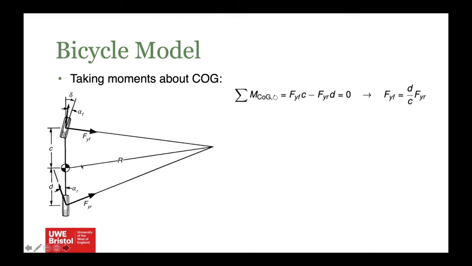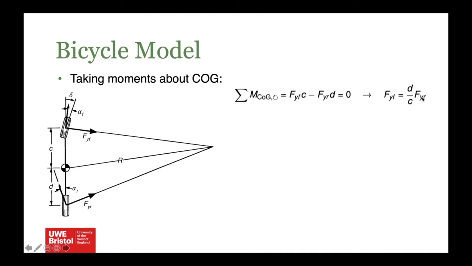Okay, that's trying to rotate the vehicle in a clockwise direction, minus FYR times by distance d. So that's this one going in this direction, anti-clockwise. And so obviously that must equal 0, because otherwise the vehicle will just be spinning around on the spot. Okay, and so you can rearrange this equation to solve for this one.